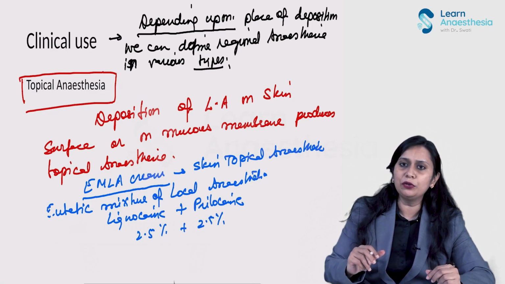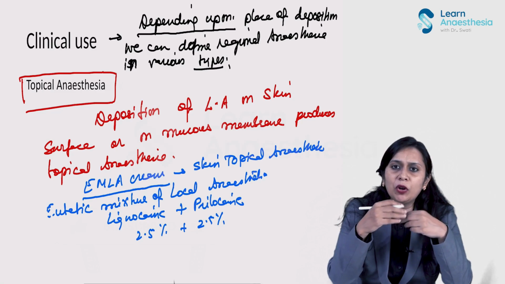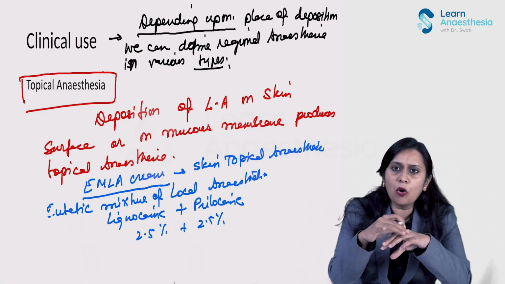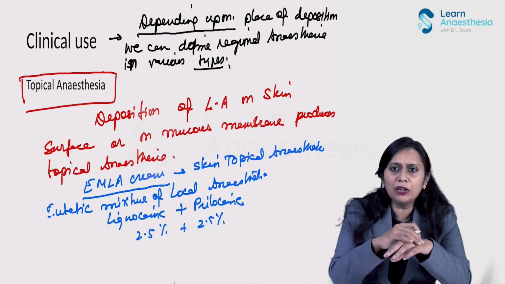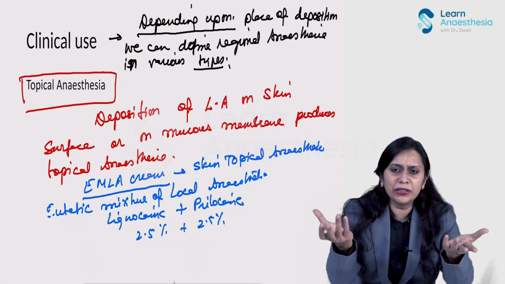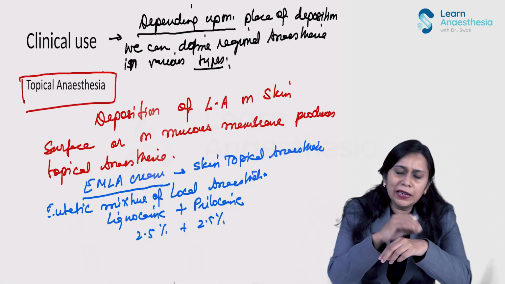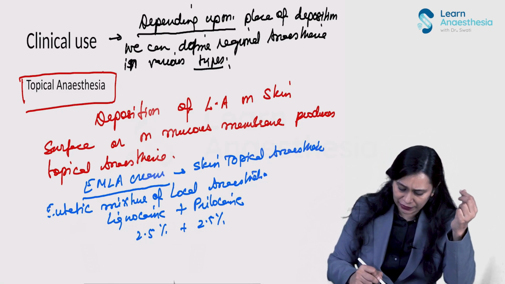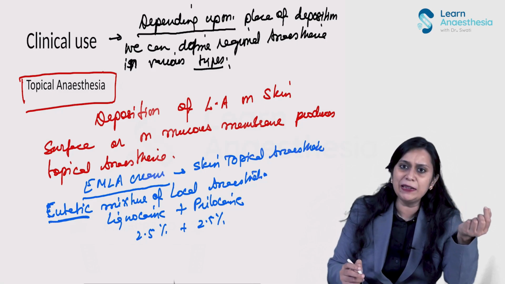What we do, we put the EMLA cream on the skin surface, attach an occlusive dressing, and leave it for a contact period of minimum 45 to 60 minutes, that's nearly 1 hour. This is a eutectic mixture. Eutectic means easily melted.